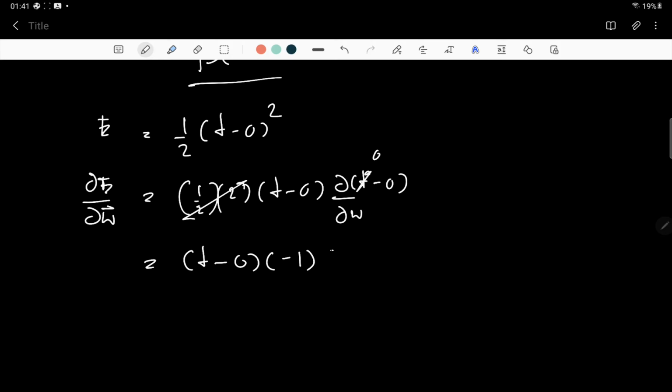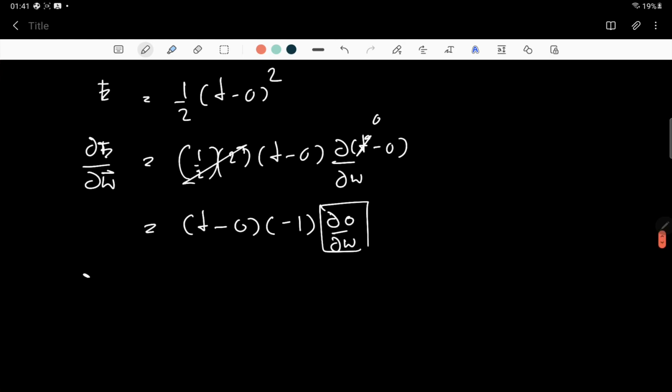So you have to take the partial derivative of the output with respect to the weight, and the output is e to the power minus (w dot x) squared, right?